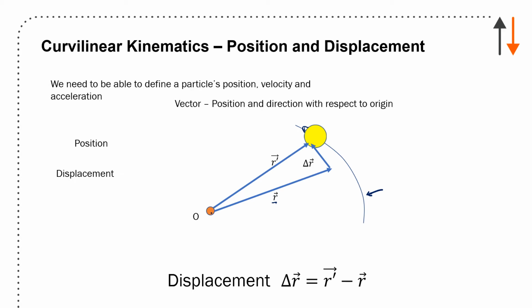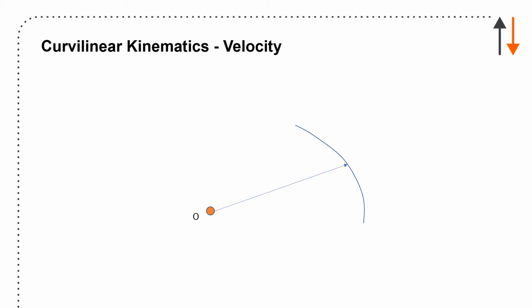So r prime minus r, and you can see that in the figure right there. The only other thing is that instead of a vector, if I was looking at a scalar quantity, it would be the displacement along this path. This is not a great drawing, since it doesn't go directly to the path, and I'm not showing that the particle is small, but this is just to give you an idea.